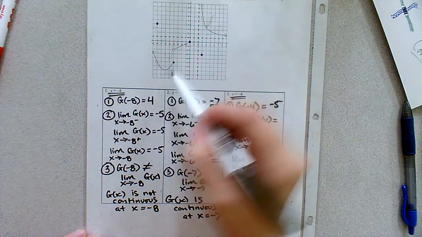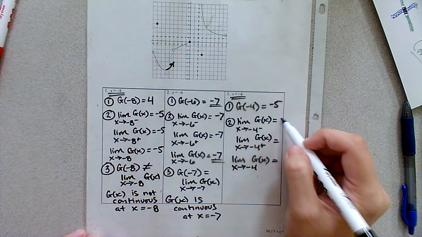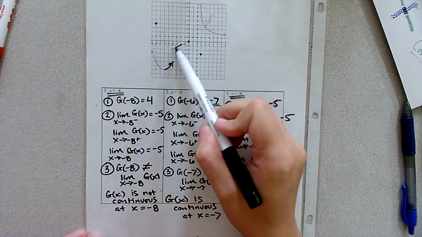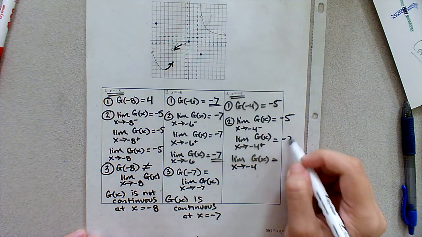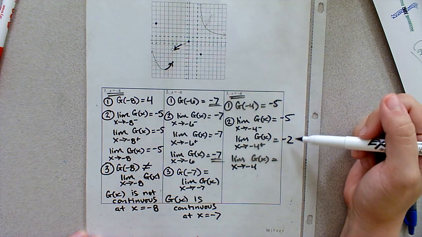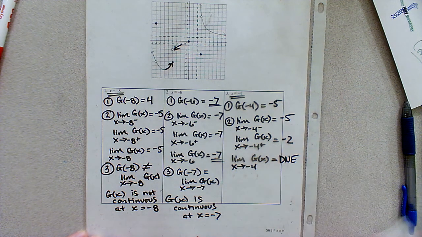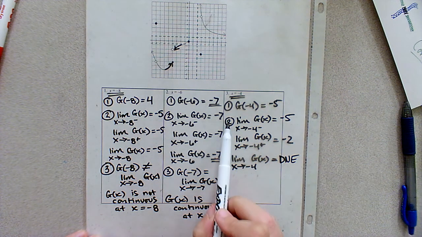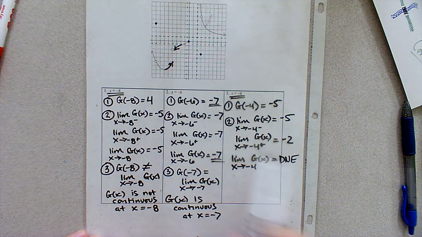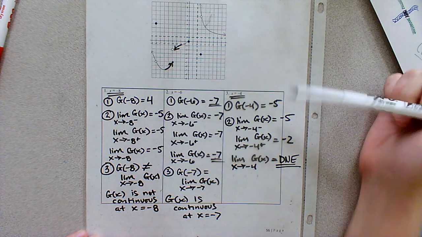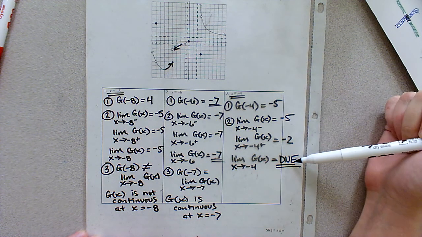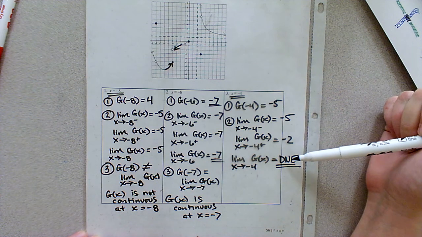All right, so -4 from the left, we approach -5. -4 from the right, we approach -2. The left and the right side do not match, so the overall limit does not exist. So notice how the second rule of our holy trinity fails, because we said the point needs to exist, but the overall limit must exist as well.